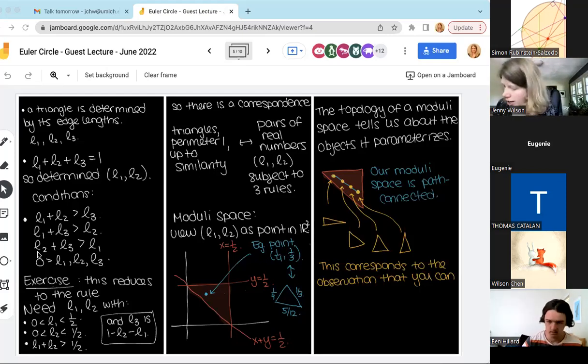So I've drawn here a picture of a path through my moduli space and a sampling of points along the path. So each of these points corresponds to a triangle. Here's a triangle here, and this one, the x coordinate's kind of small. So the first side of the triangle is kind of small, and the y coordinate's kind of big. So the second edge is kind of large.